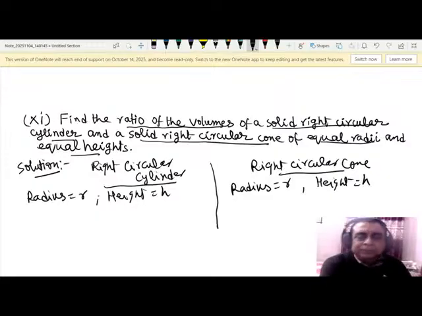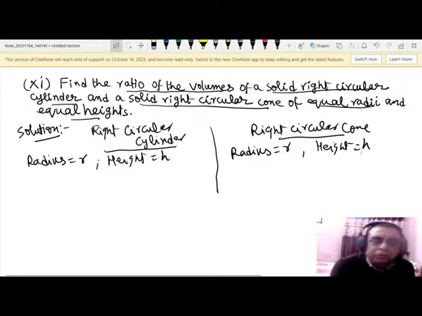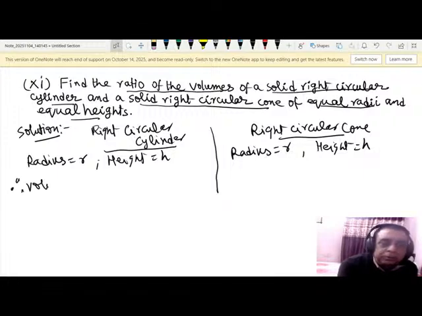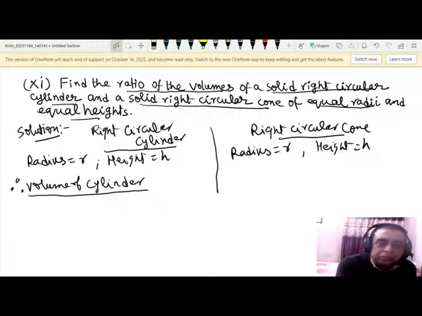So we have to find the ratio of the volumes. Write the volume of the cylinder first on the top, and the volume of the cone at the bottom.